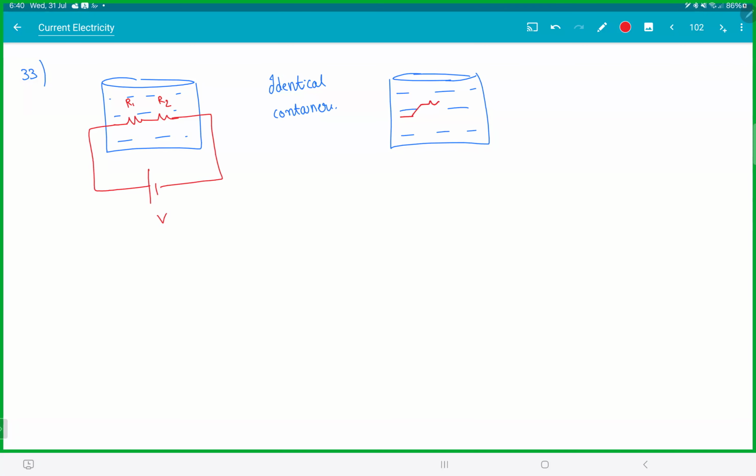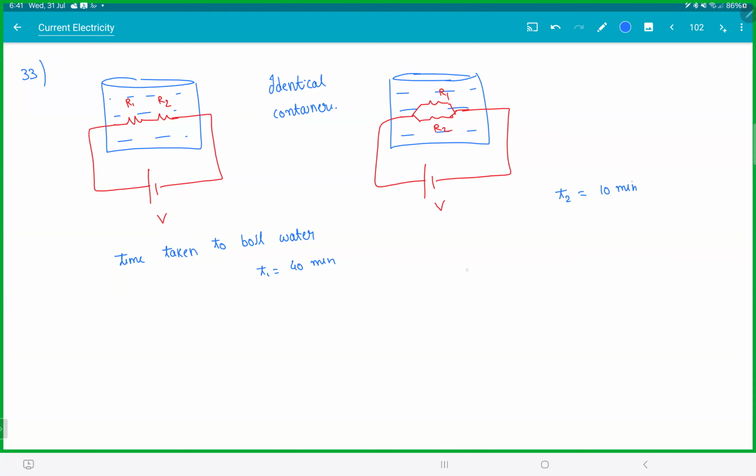In the second case, you connected both in parallel, and you connected them to the same battery. So here, the time taken to boil the water, T1, is 40 minutes. Here, the time taken to boil the water, T2, is 10 minutes. Find R1 by R2.